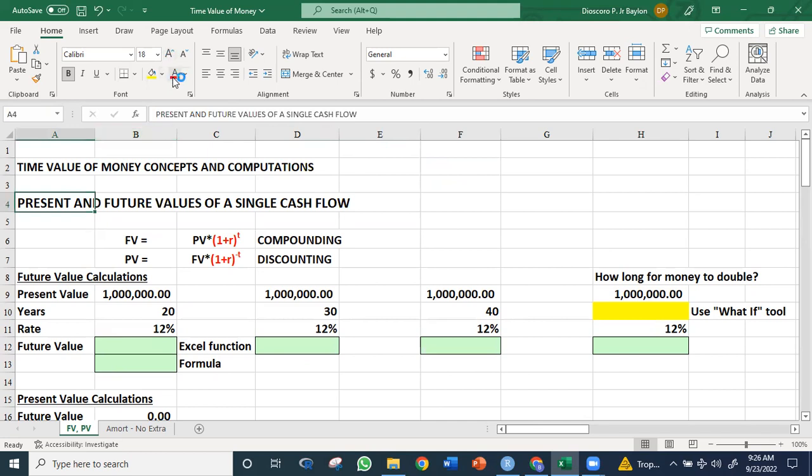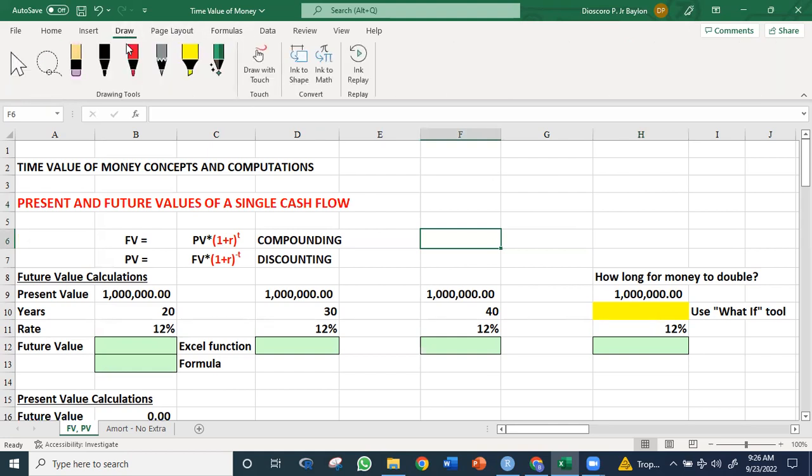So here, this is a single cash flow. What do you mean by a single cash flow? For example, this is time 0, this is time 1. When we look for the present value, we have one cash flow.